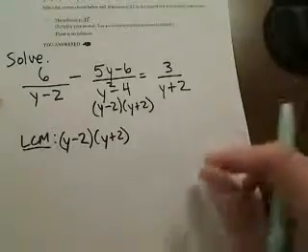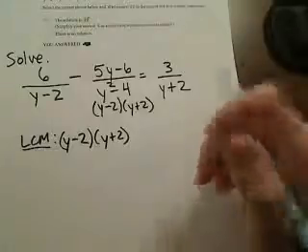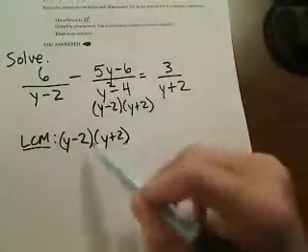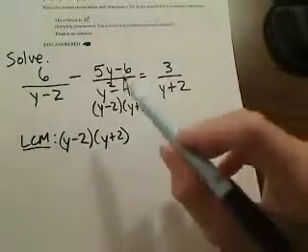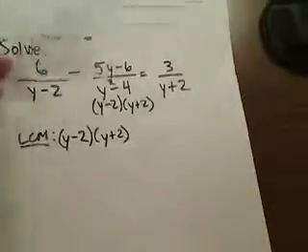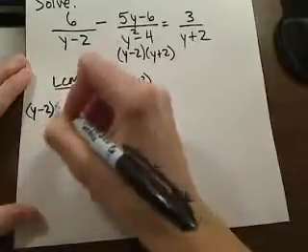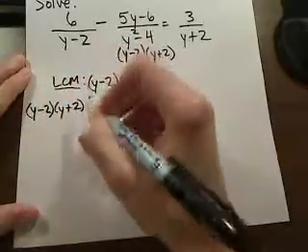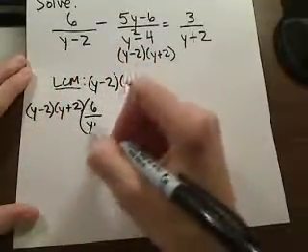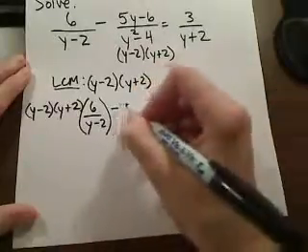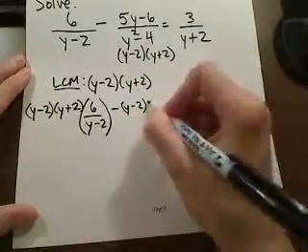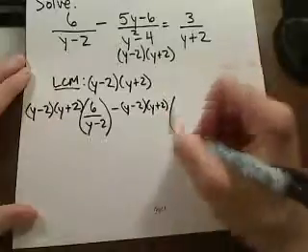Once you've identified that LCM, we're going to multiply everything in the problem by the LCM, so that we can clear the fractions. I encourage you to write this out because it will prevent mistakes. So each of these is getting multiplied by y minus 2, y plus 2.